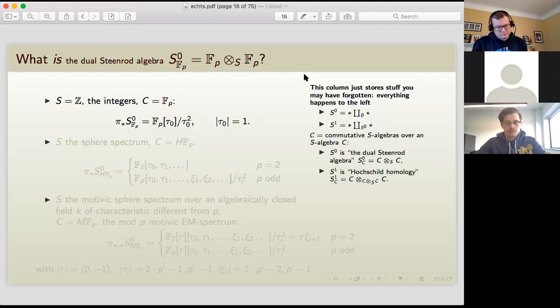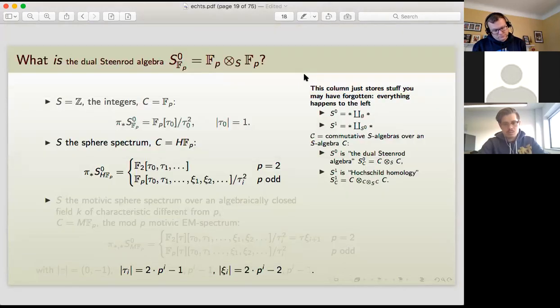The 0 sphere would then just be the tensor of F_p with itself, but since everything here is derived, not only do I get a cell in degree 0, I get a cell in degree 1, and then perforce the ring structure is that of an exterior algebra on a generator in degree 1. So that is Shukla homology of F_p. The degree of tau is 1.